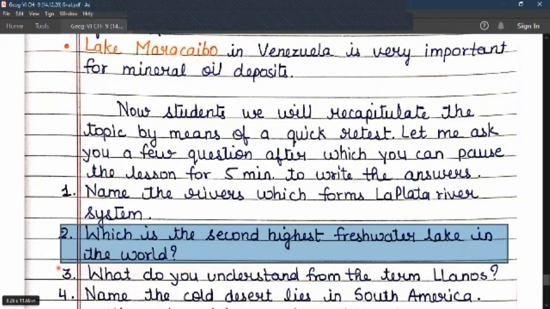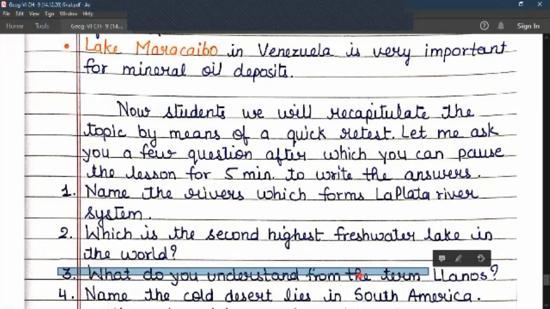Question number 3. What do you understand from the term llanos? Question number 4. Name the cold desert that lies in South America.